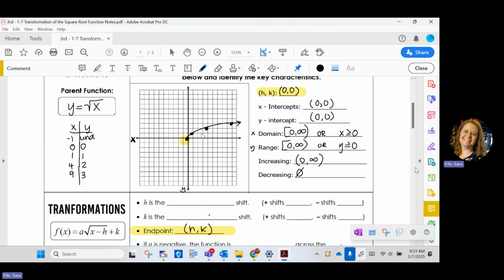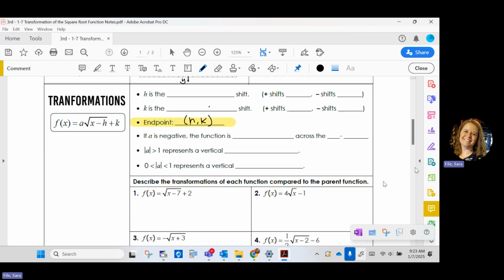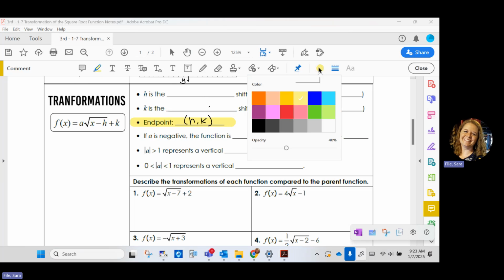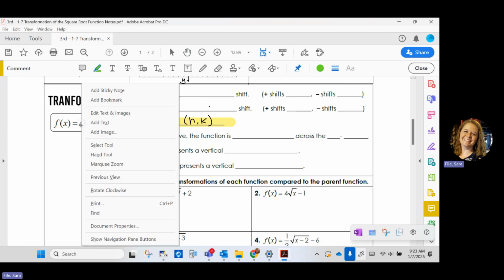Okay, so that's the parent function, and these are the key features. Now we're going to refresh on our transformation rules. So remember, A, H, and K are the three values that we've learned about for transformation. Okay, let's start with our A value in front.